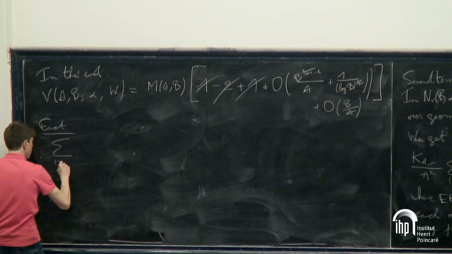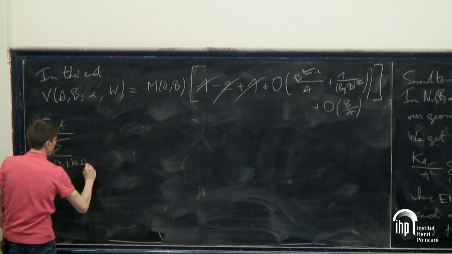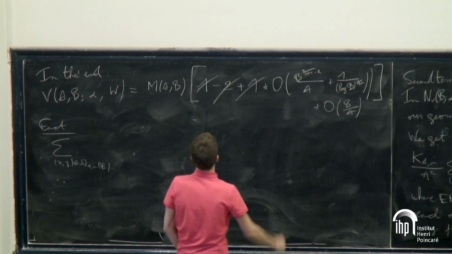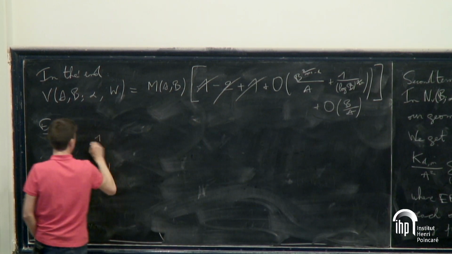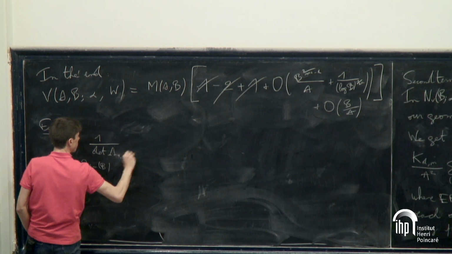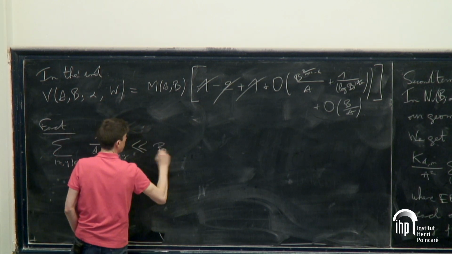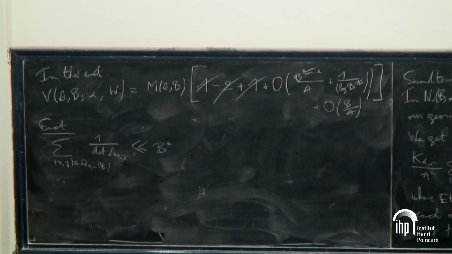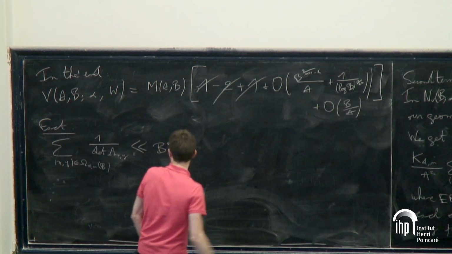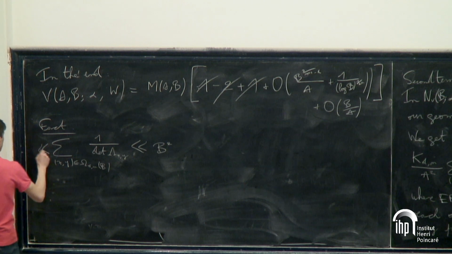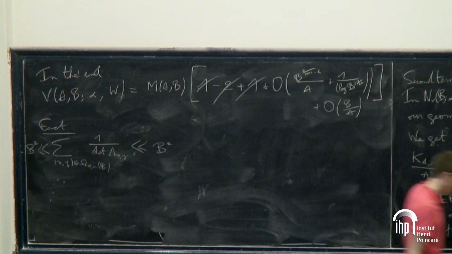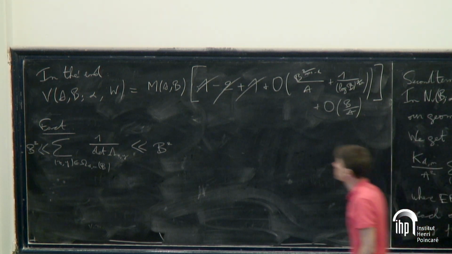So if the sum over xy in our set, which appears in the main term there, of 1 over the discriminant of lambda xy, and this is less and less than b squared. Okay, and it's actually the right size. Okay, so let me not say anything about that.